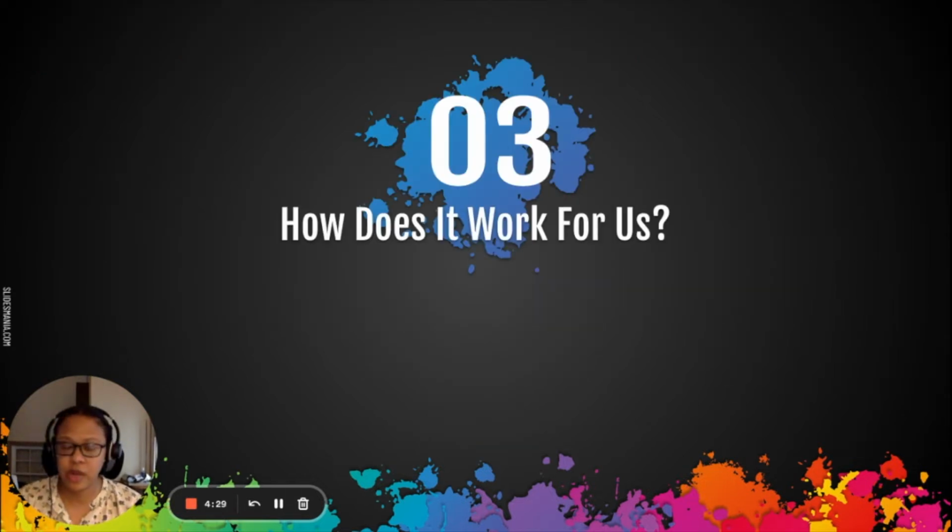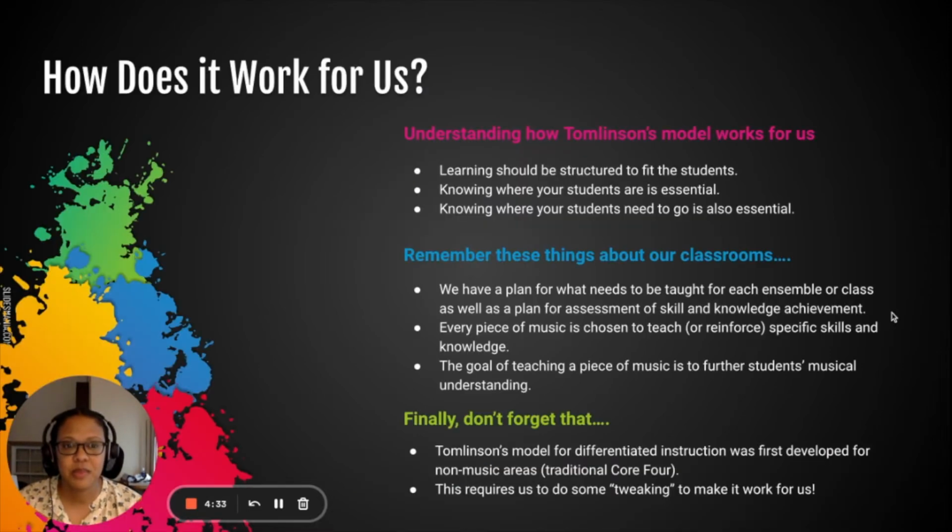So, how does it work for us? This is the meat and potatoes. Let's jump right in and really unpack this. We're going to unpack it to make sure we're really clear on what differentiation really means and what the model is about.